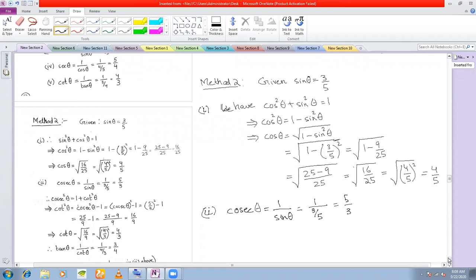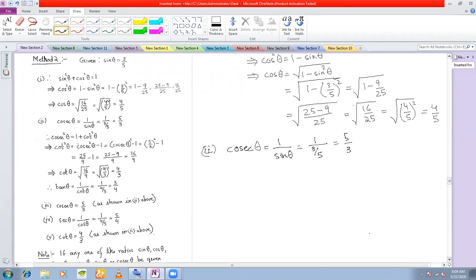Now, in order to find tan theta, we know that tan is the reciprocal of cot. And how are cosec and cot related? Cosec and cot are related by the square relation: cosec square theta is equal to 1 plus cot square theta.